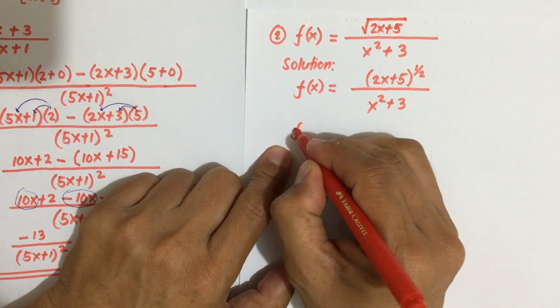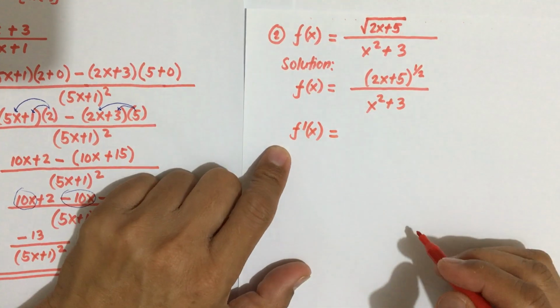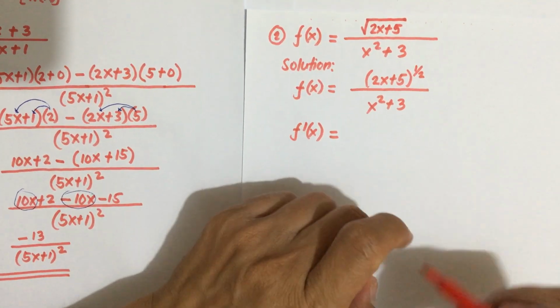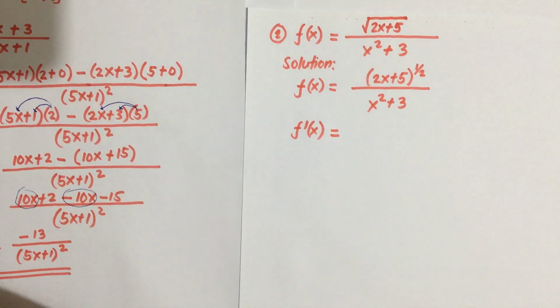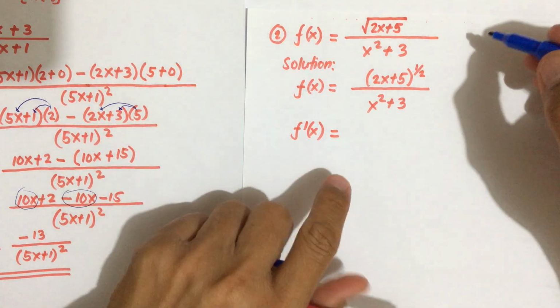So the derivative of the function is equal to, using the formula, what is the formula? We have the numerator. Okay, so just recall our formula.